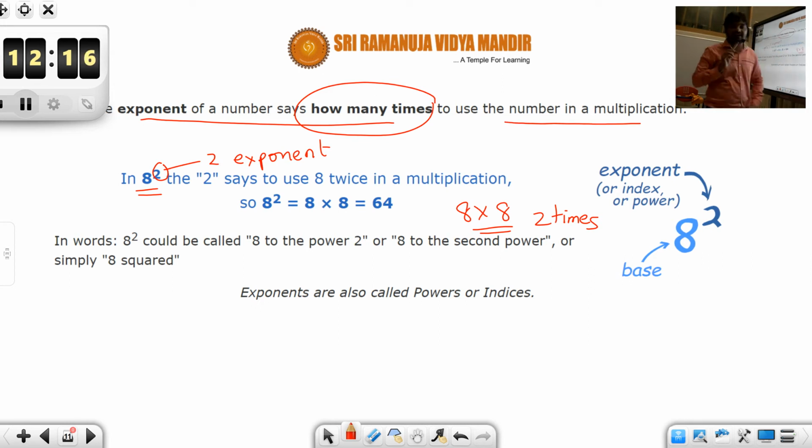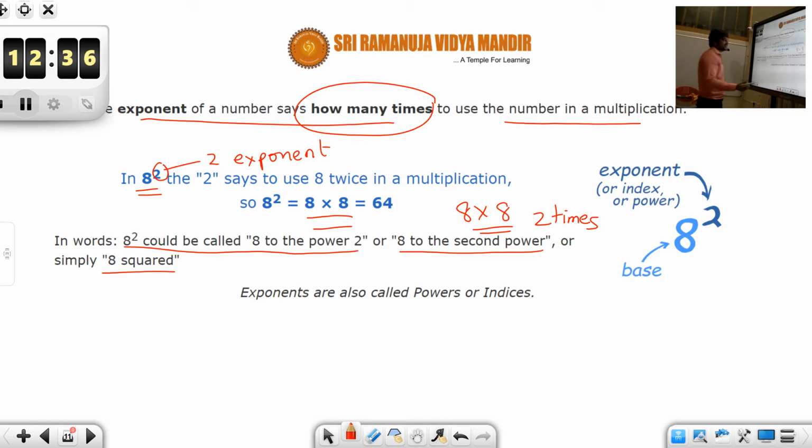In this example of 8 squared, how many times do we need to multiply 8? 2 times. 8 with itself 2 times. So hope this is clear. 8 squared could be called 8 to the power 2, or 8 to the second power, or simply 8 squared.